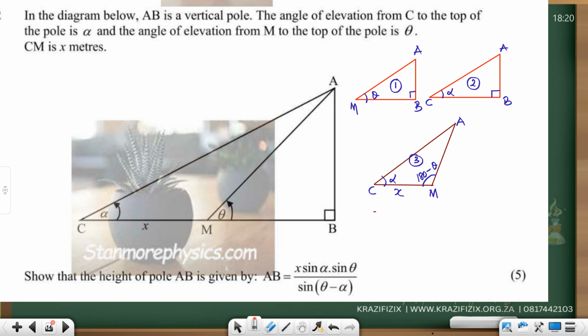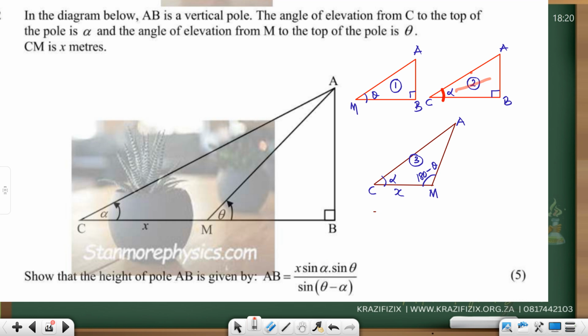Let's see something here. For triangle 1 and triangle 2, those are right angle triangles. Okay, so here's my cue. I'm looking at what I'm given. Can we find sine alpha? What is sine? Sine of an angle is opposite over what? Hypotenuse. So can we work with that?